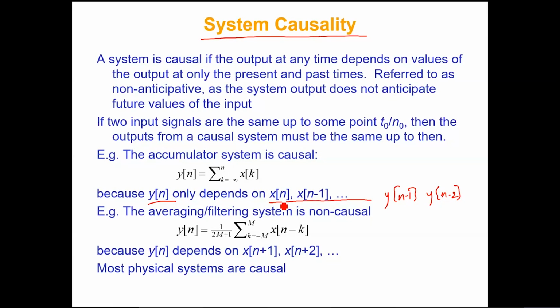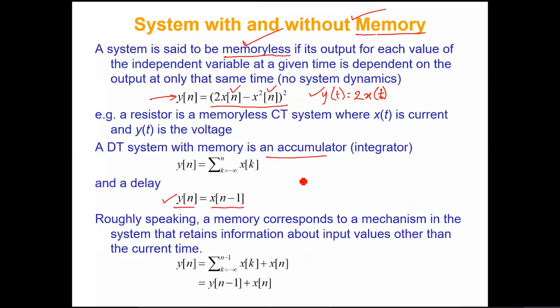So if to compute your output y of n, we don't require any future term, any n plus 1, 2, 3, whatever term, that means we have a causal system. We just require previous inputs or outputs. So if you see your previous accumulator system, y of n is equal to this. This is a causal system because we require just present and previous inputs or outputs. We don't require any future terms.